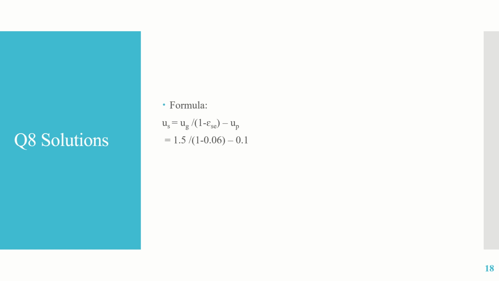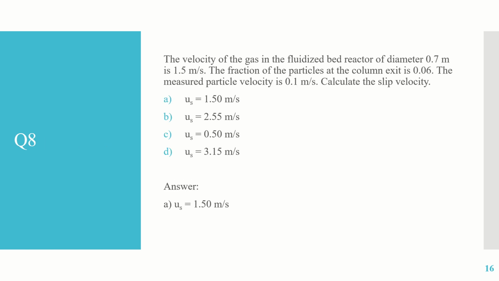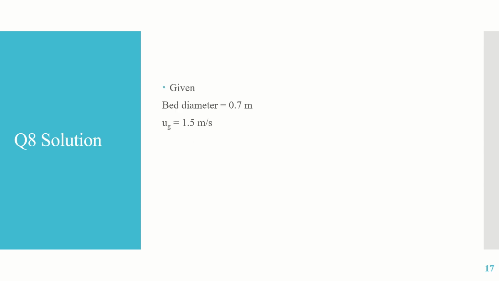So we have UG as 1.5 divided by 1 minus 0.06, minus 0.1. So we have 1.4957 meter per second, which is approximately 1.50 meter per second on rounding off. So the correct answer to question 8 is option A, that is 1.5 meter per second.